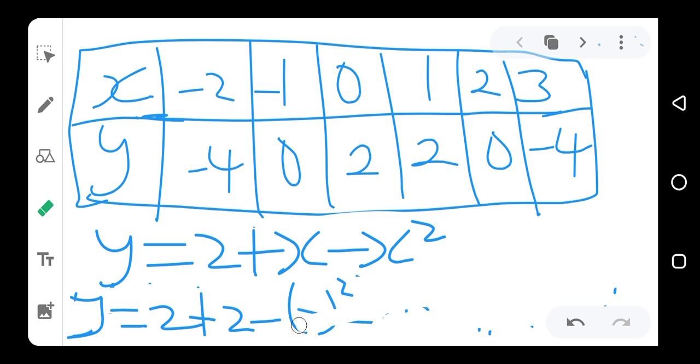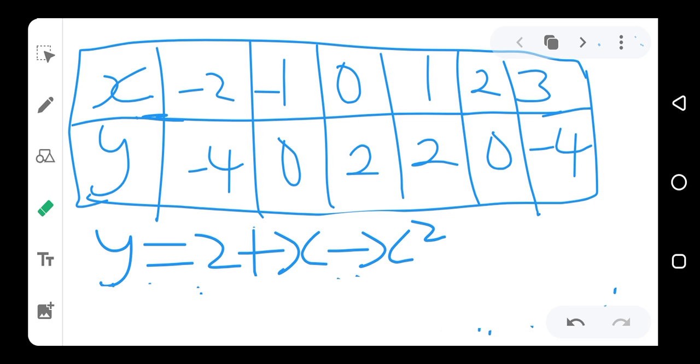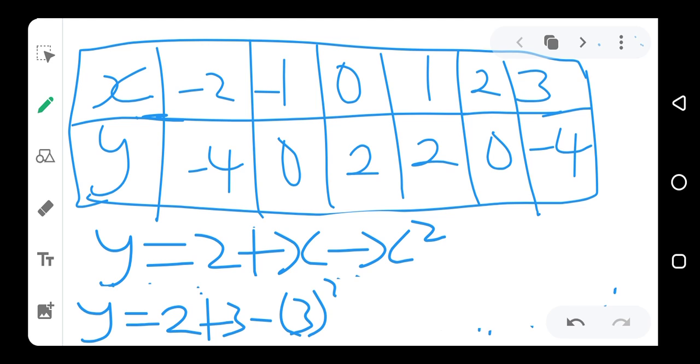Now the final one, when x is equal to 3, our y is equal to 2 plus 3 minus 3 squared, which is 9.